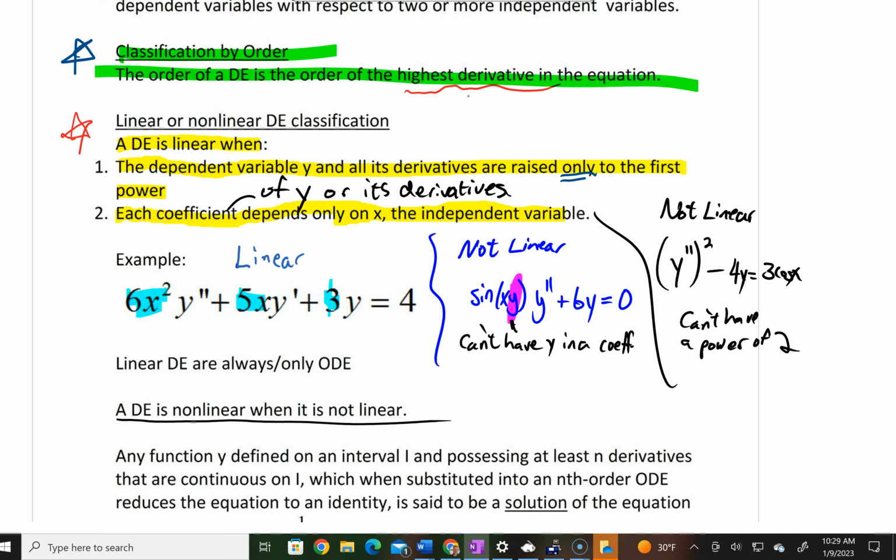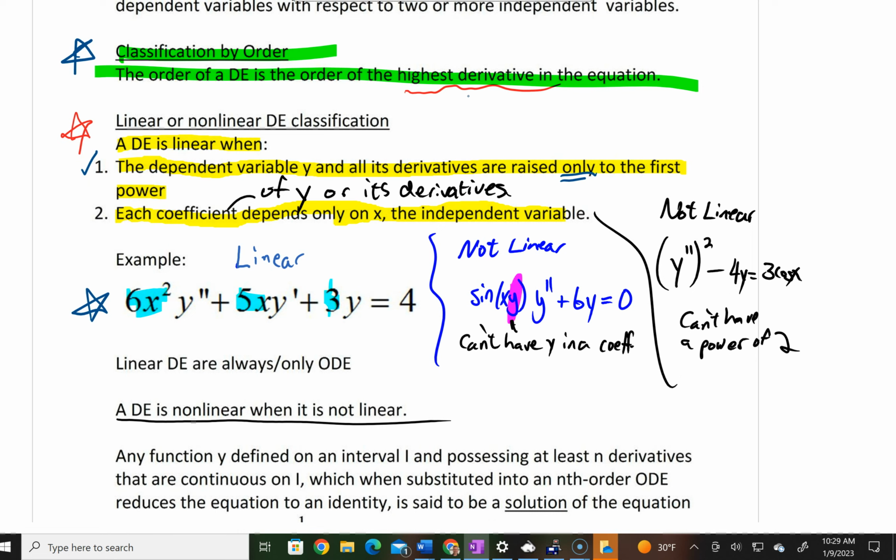Take a look at this first example, where we have 6x squared y double prime plus 5x y prime plus 3y equals 4. Notice that step 1 is satisfied. y double prime, y prime, and y are understood to be raised to the first power. We don't have parentheses around them, raising them to a second, third, fourth power or anything like that.